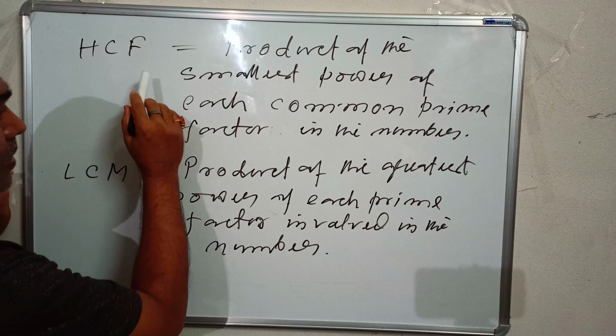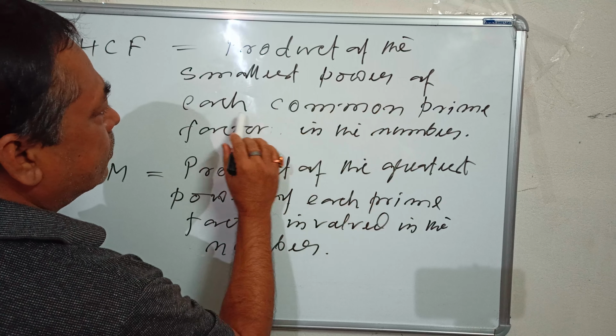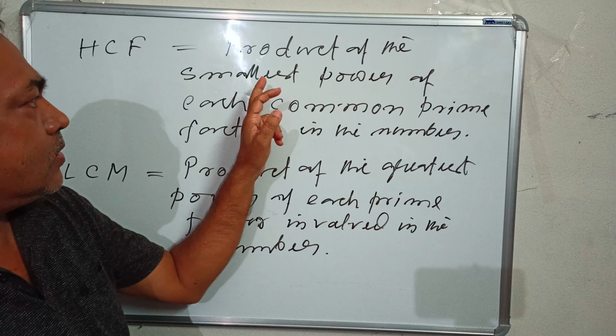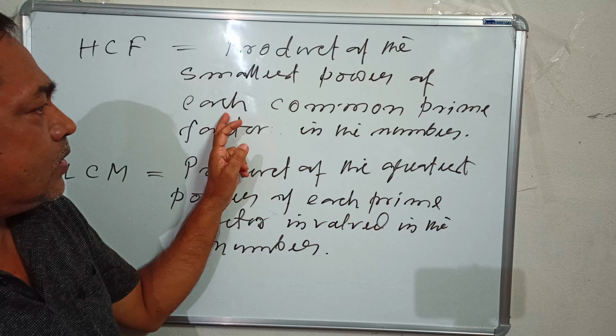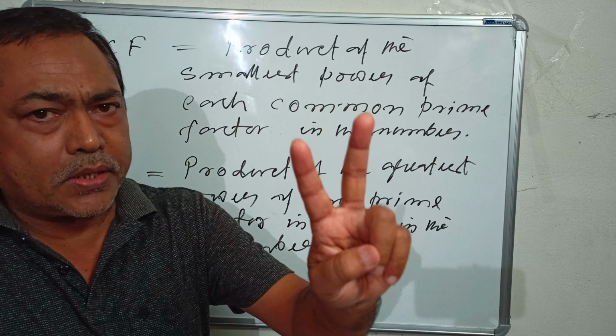See, HCF is the product of the smallest power of each common prime factor in the numbers. Suppose two numbers are given.